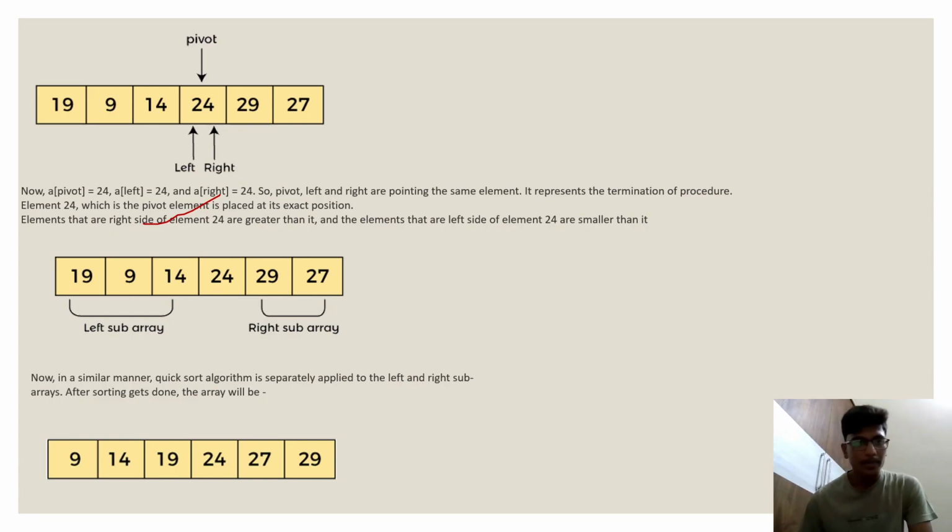A of pivot is 24, and A of left also 24, A of right also 24. So the elements on the right side of element 24 are greater than it, and those on the left are smaller.